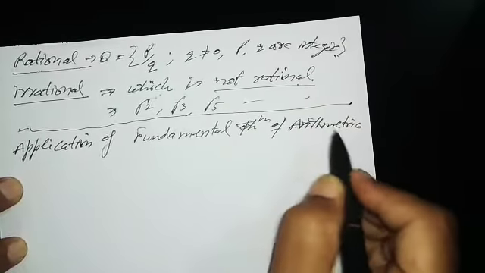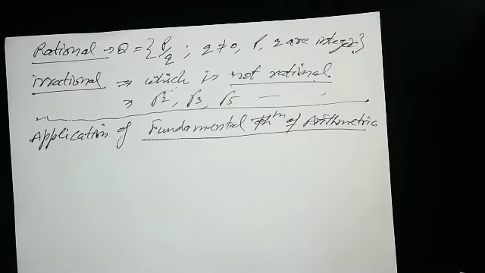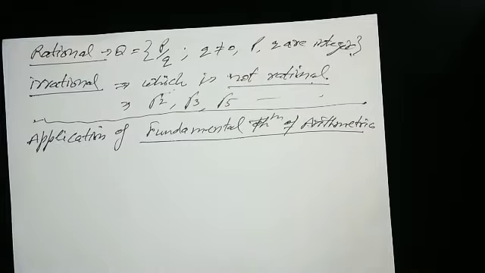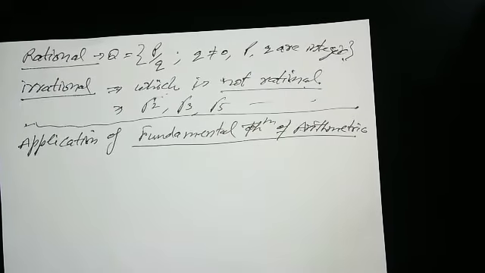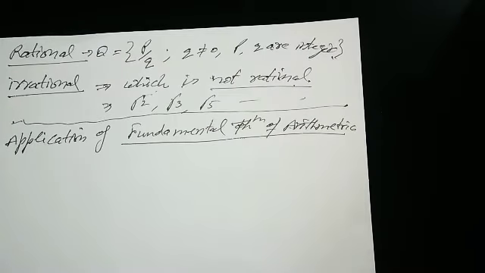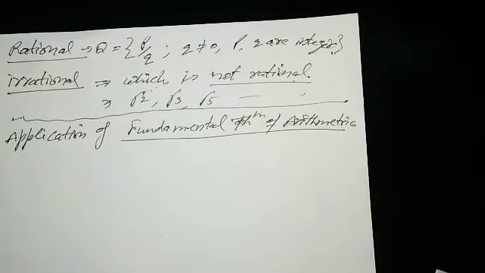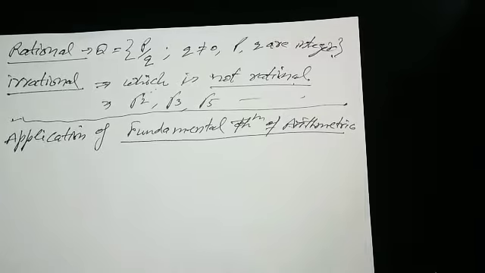As in my previous video I told what the fundamental theorem of arithmetic is, I remind you: the fundamental theorem of arithmetic says that any composite number can be expressed as a product of prime numbers in a unique way.